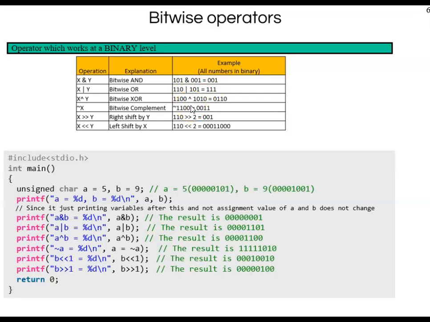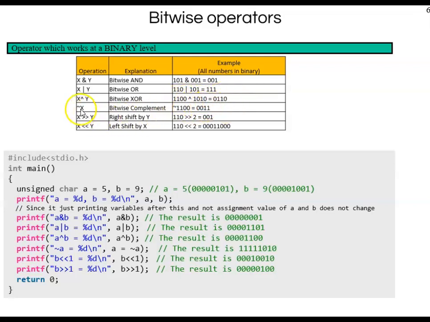Exclusive OR, that is when both are 1, the value becomes 0, and when both are 0, the value becomes 0. When one of them is 1 and the other one is 0, the value is 1. That is actually exclusive OR. So in this case, when both are 1, the output is 0. When both are 0, the output is 0. When one of them is 1 and the other one is 0, the output is 1. So that's the bitwise exclusive OR for you.